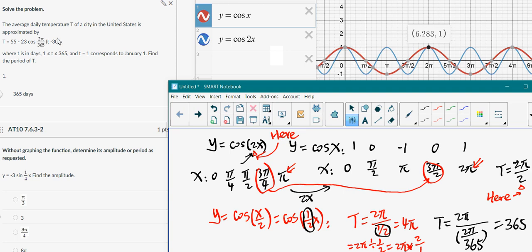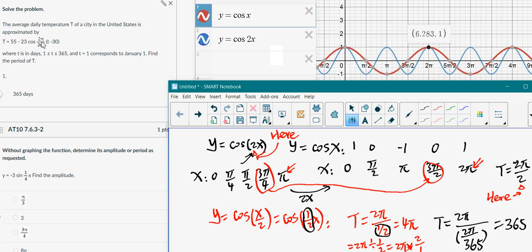We just want the coefficient in front of the quantity t minus 30, which is 2 pi over 365.